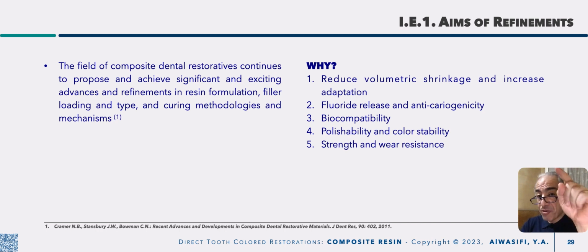If you remember, the higher the decomposition of initiator, the higher the cross-linking, the higher the converting of carbon double bond to single bond, all of these increase the physical and mechanical properties of your final restoration. But at the same time, that means that you have the maximum polymerization shrinkage or volumetric shrinkage of the composite.